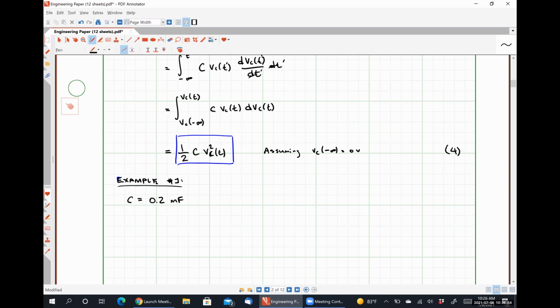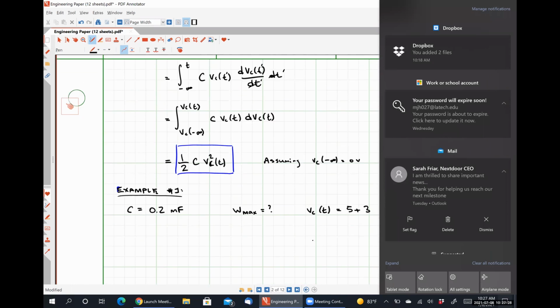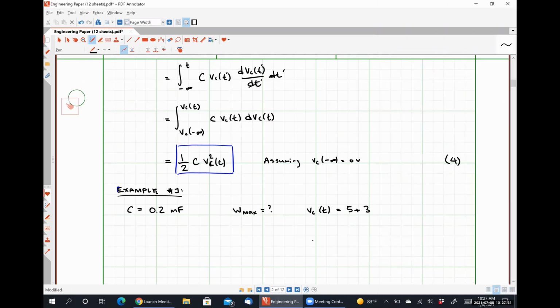And we want to know the maximum amount of energy, so W max, if our capacitor voltage VC of t is equal to 5 plus 3 cosine squared of 200t.